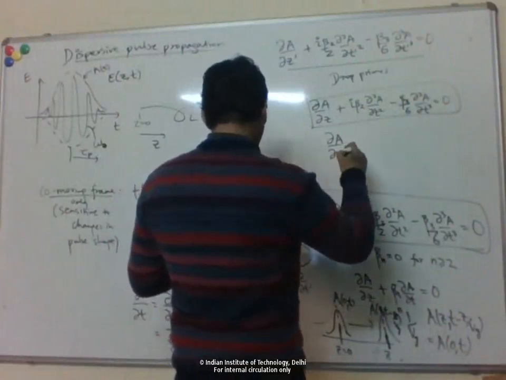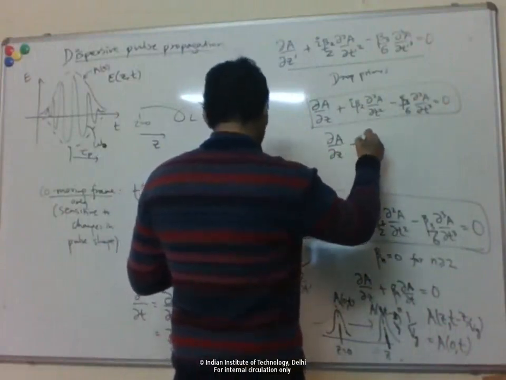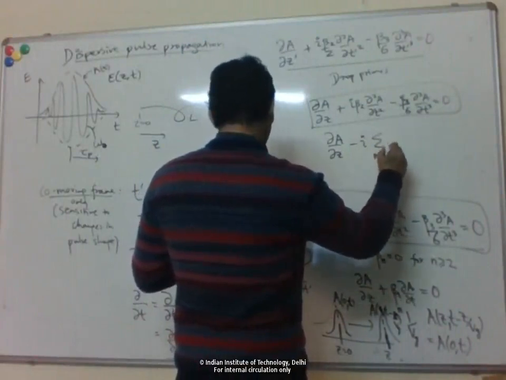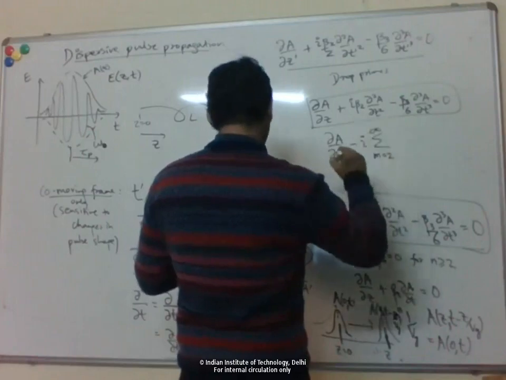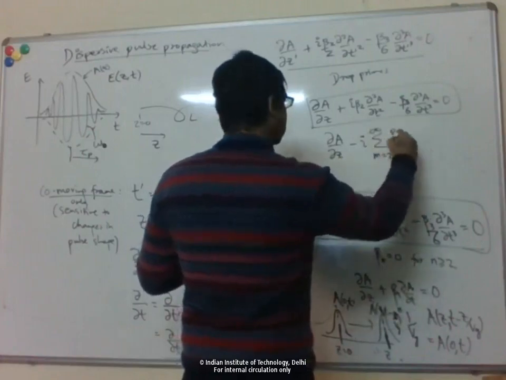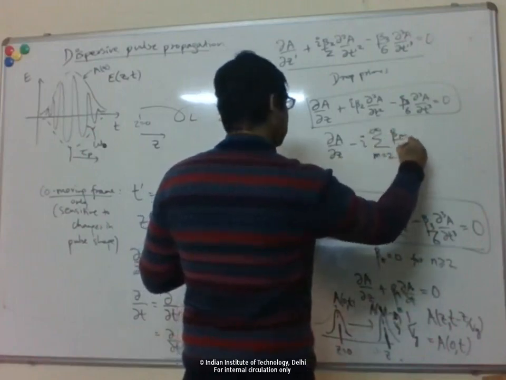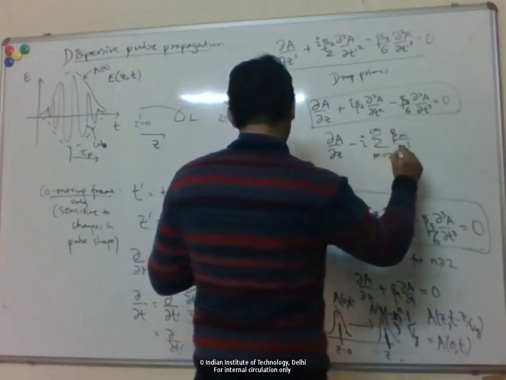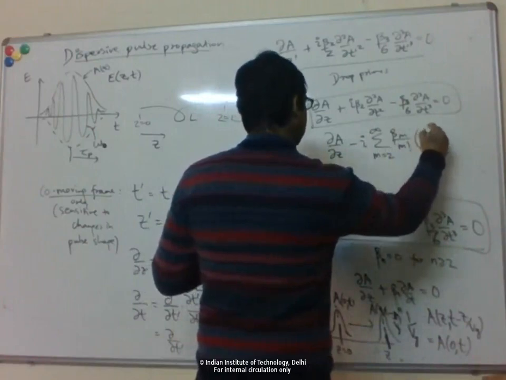Okay, so basically the equation will be, if I want to include up to all orders of dispersion, then the mth order dispersion will have m factorial in the denominator, right?